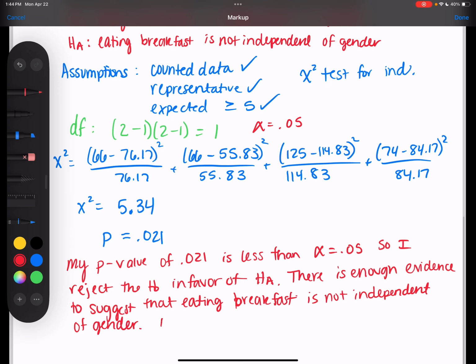Females are more likely to eat breakfast than males, and that's just from looking at the chart.